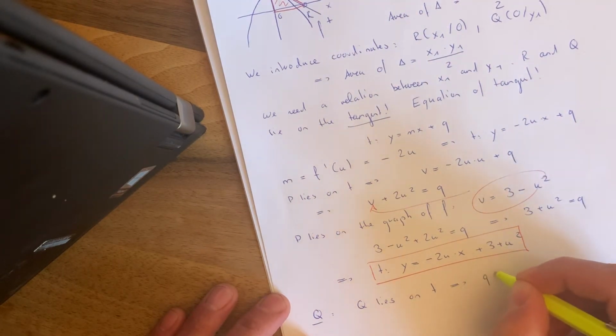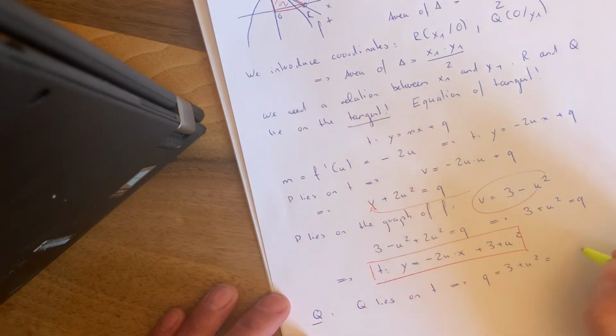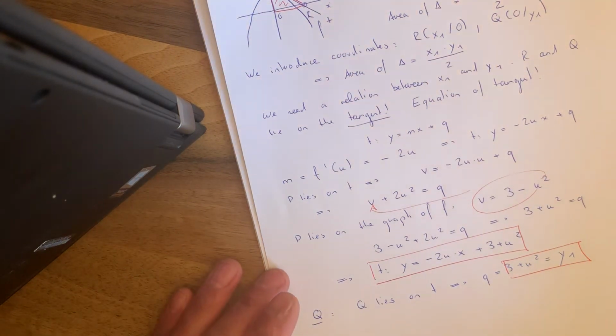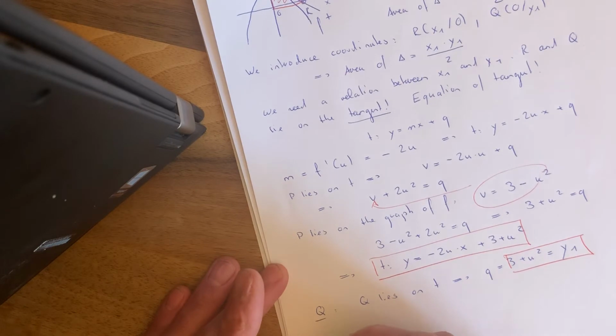So Q, which we found here, is precisely the same thing as y1. And now you see here, we have established a relation between y1 and u. That's good.